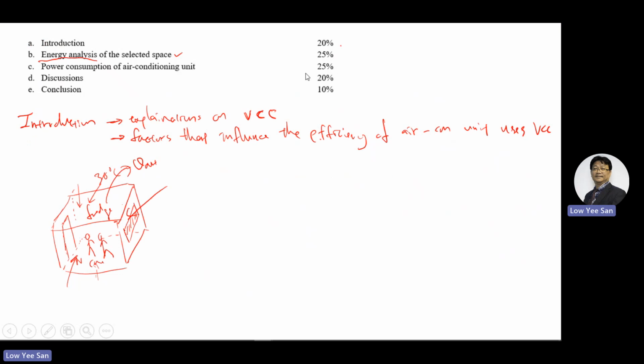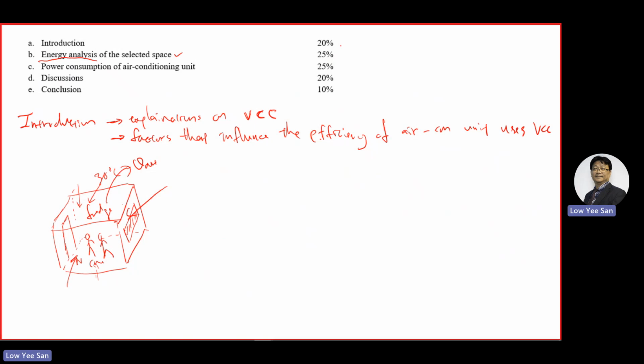Power consumption. The assumptions that you should make, you can get some idea from the website. How to do the power consumption calculation, you can refer to the two examples I have attached. So you do your part.